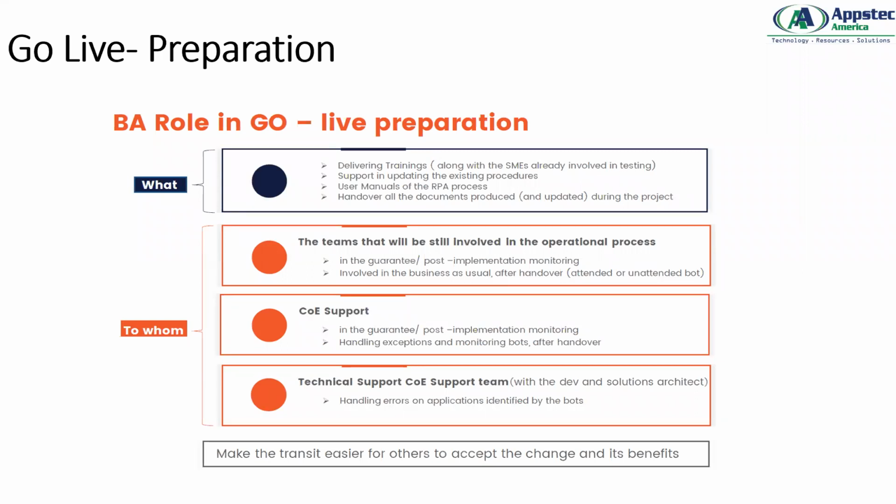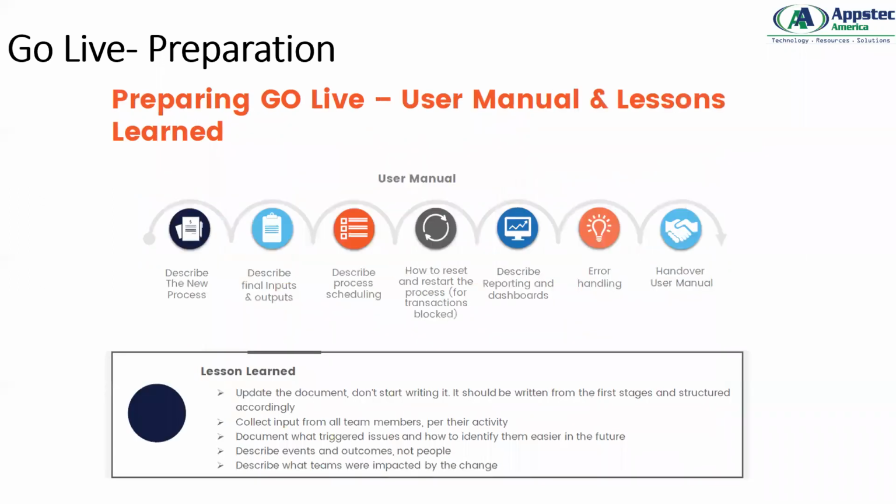Your project manager will eventually be involved, but you just need to know that go live preparation is very simple. Once your UAT is clear, you create a manual which explains the end-to-end execution of the bot. You engage your support team, your developer starts moving the bot to production, you finalize the date, and the bot is released on that specific day. Okay. Now, preparing your go live, as I said, your user manual and your lessons learned.